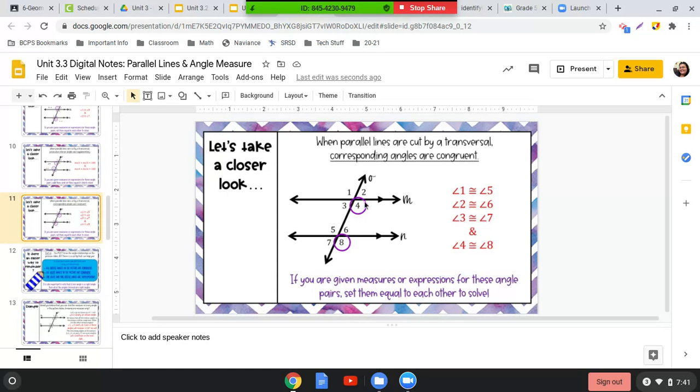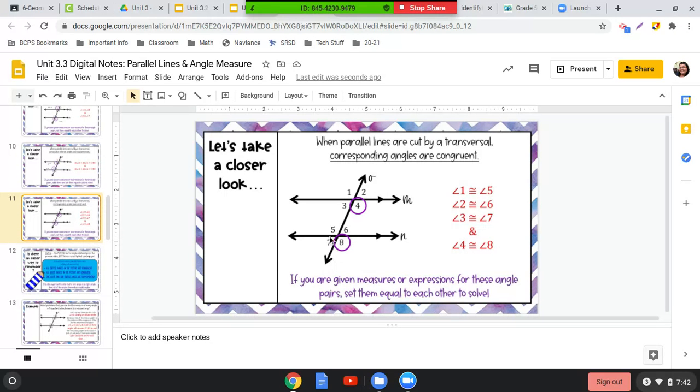And we're going to look at these different angles to tell us that they're congruent. So angle 1 up here is corresponding to angle 5 down here. Those two angles are going to have the same measure. Same with angles 2, 3, and 4. Their corresponding spots on our bottom cluster are going to have the same measure.